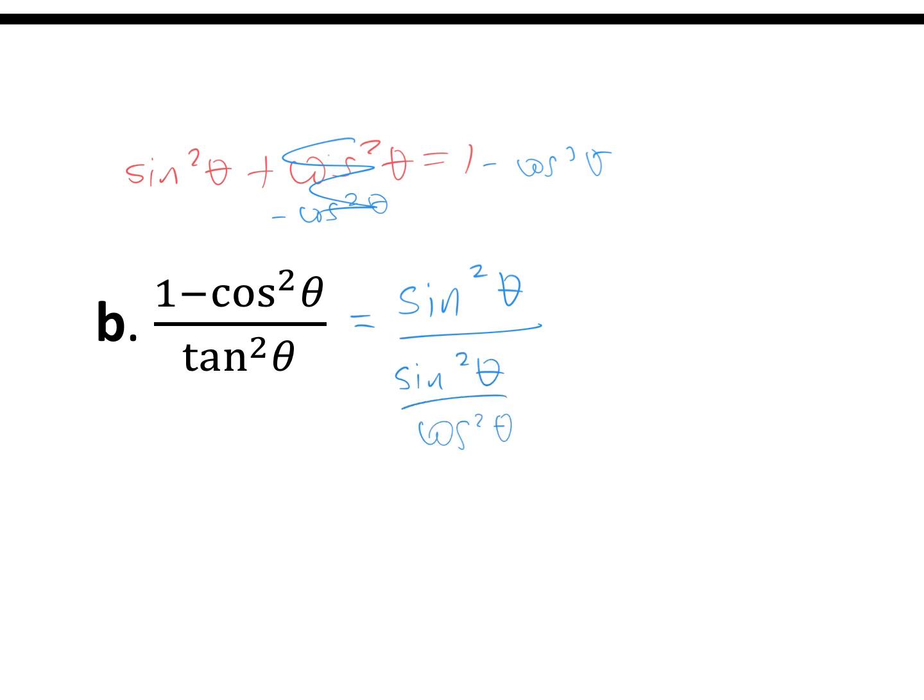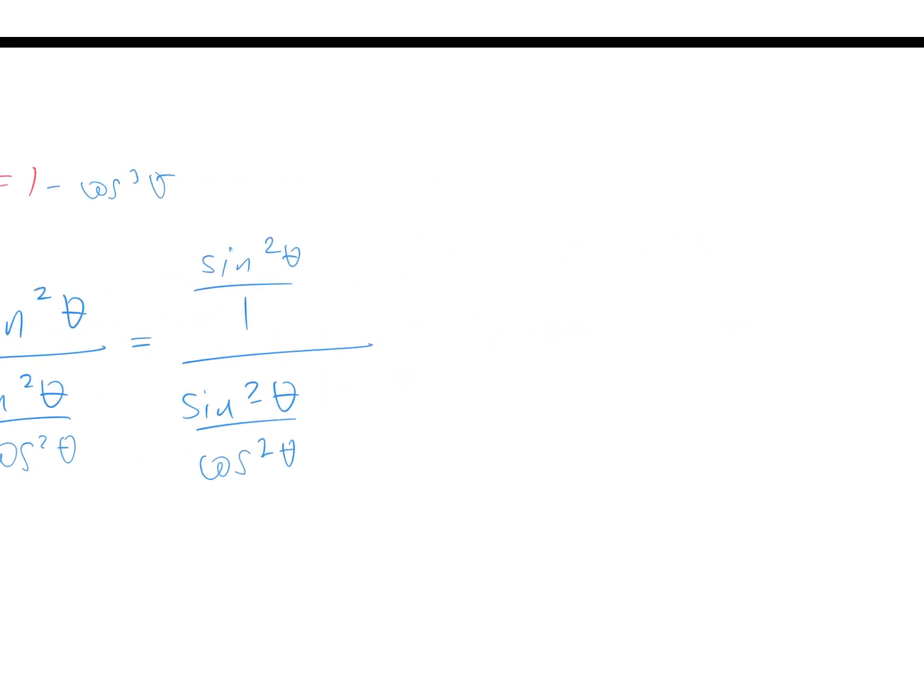Now again, sometimes we like to write this as sine squared over 1, divided by sine squared over cosine squared. So if we keep, change, flip, I have sine squared theta over 1 times what?